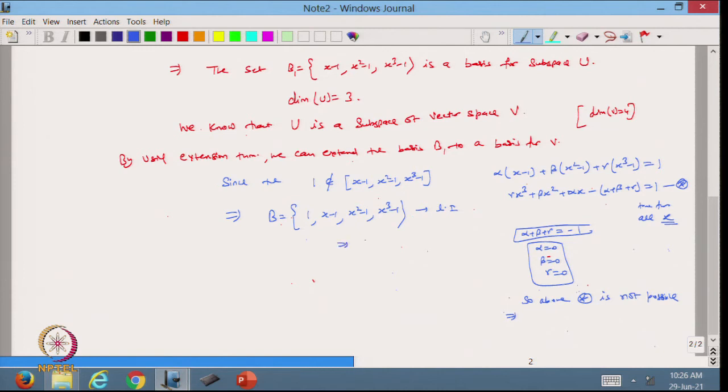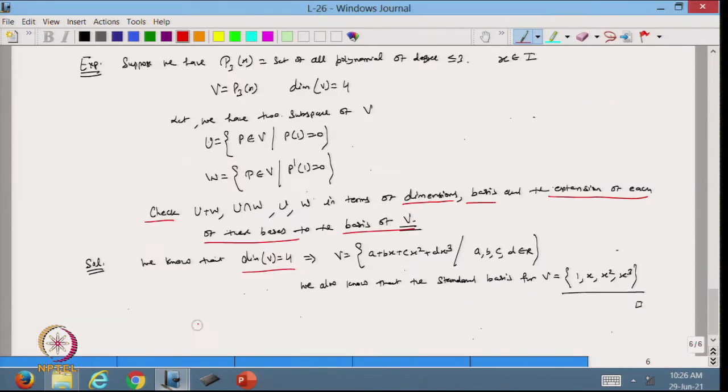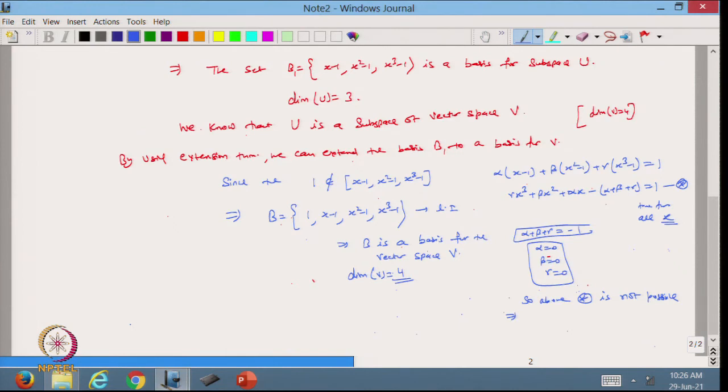So I can say that B is a basis for the vector space V, and the dimension of V is 4, which we already know. You can check that this is true. After doing this, in the same way I will go for the subspace W.